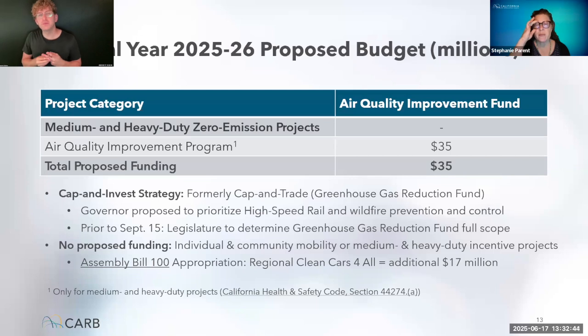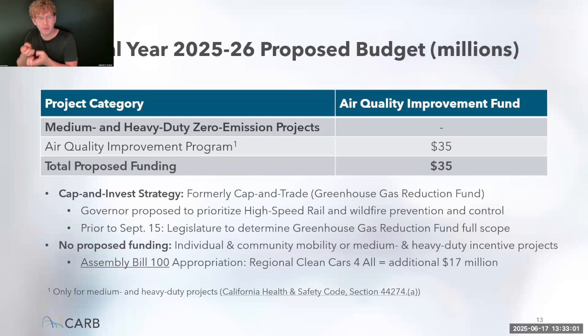He'll go over the medium and heavy duty projects and if there's any discussion of money that would go to any of the projects like the core clean off-road equipment project. Hang tight on that one. Understood. No worries. Thank you so much.